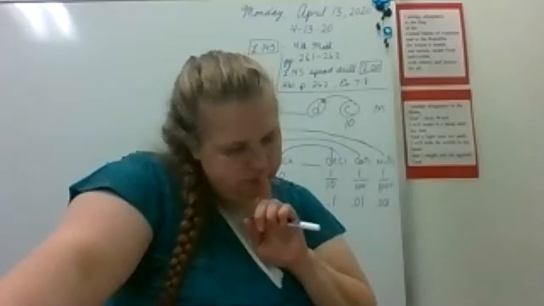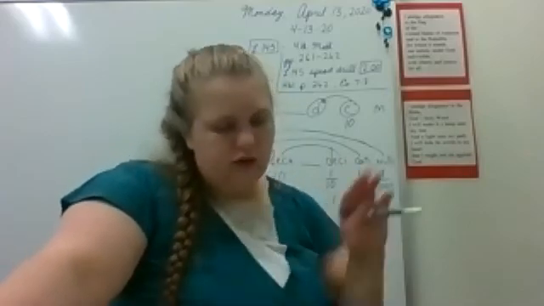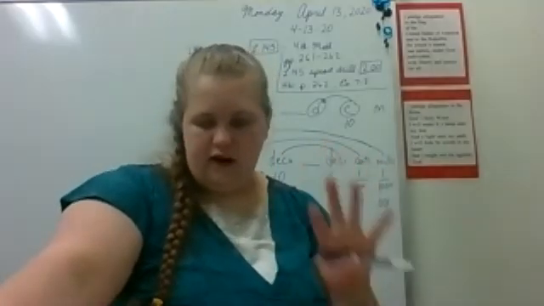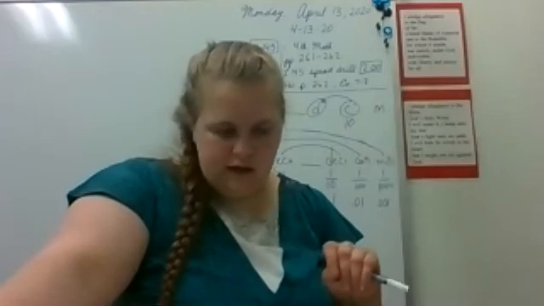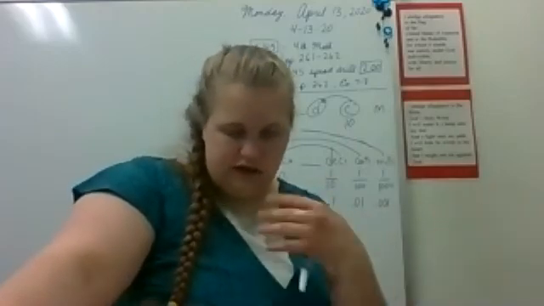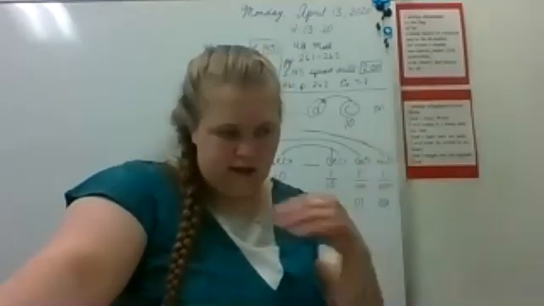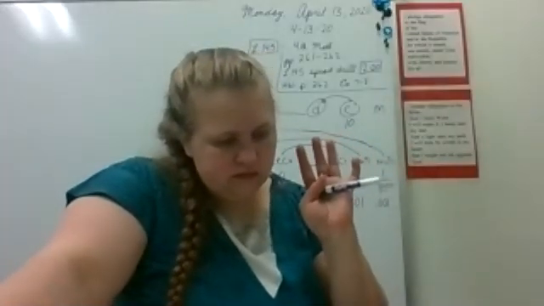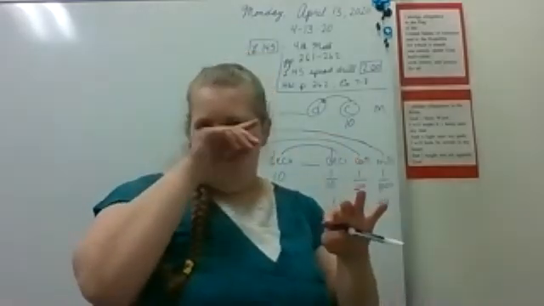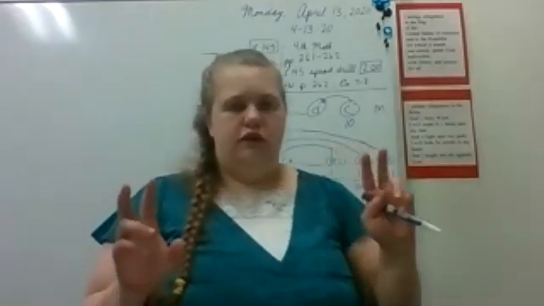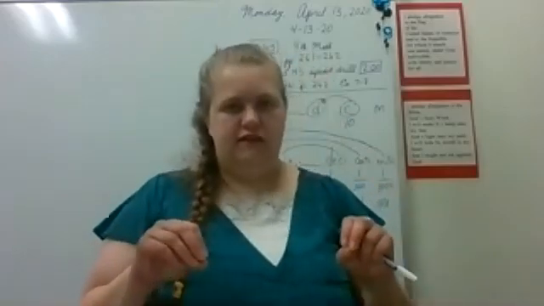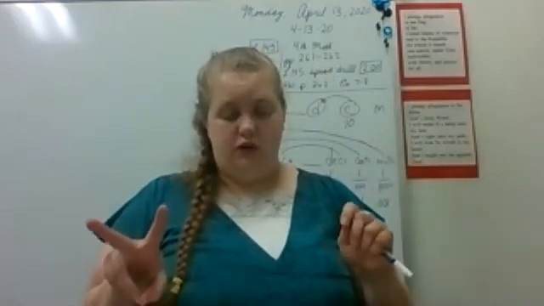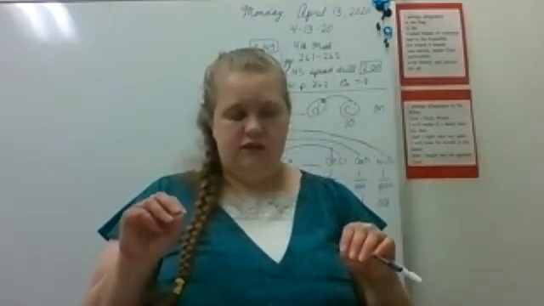All right, so let's do a couple of our measurements, and then I'll let you know what else to do on here, and then let you get to it. So, how many pints are in a quart? 2 pints in a quart, right? 2 pints in a quart.